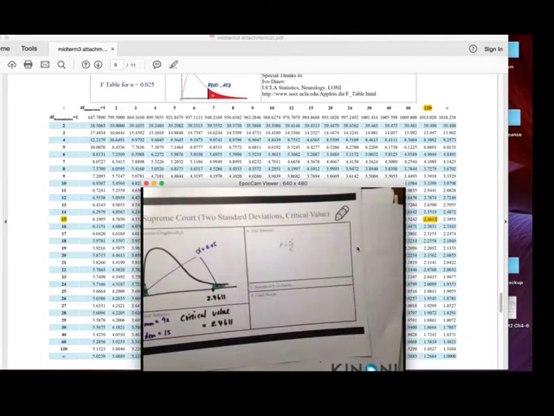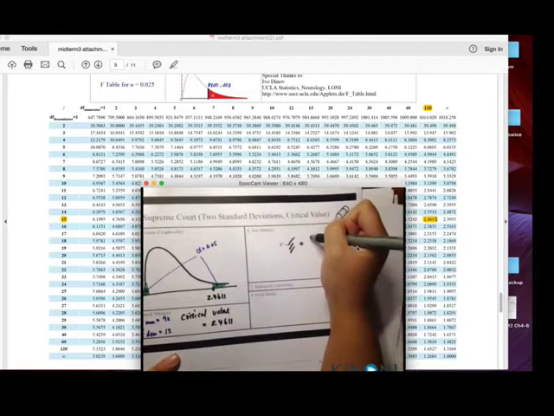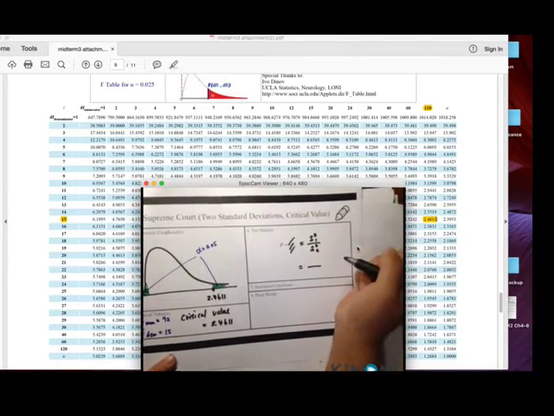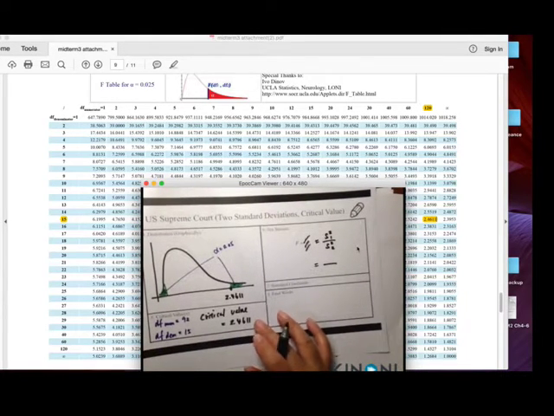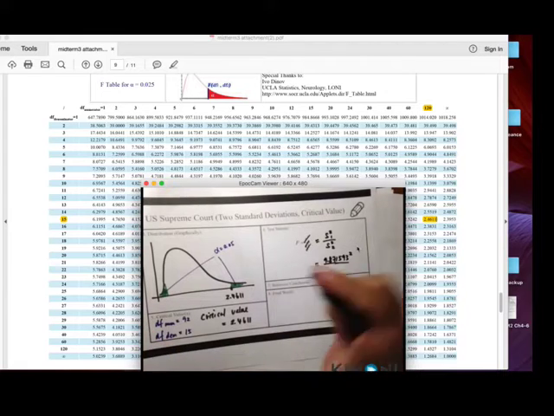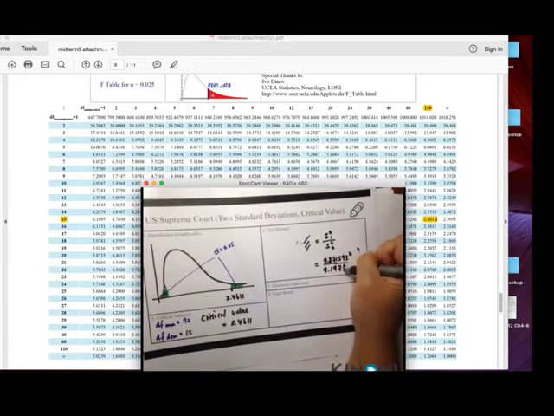We need to find the test statistic. Here we use sample variance 1 over sample variance 2. So I have S1, that is 9.871593 squared, because this is a standard deviation, over 9.197826 squared.